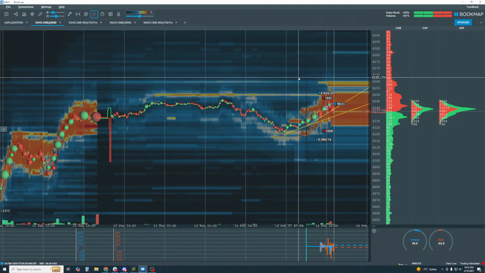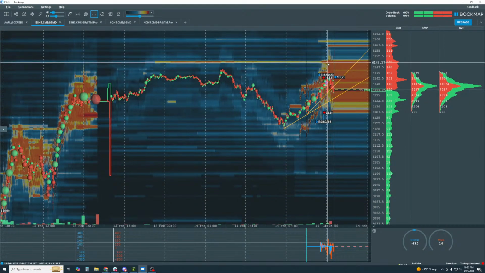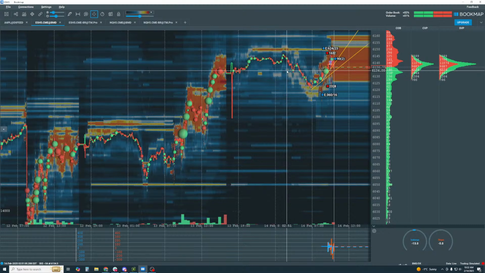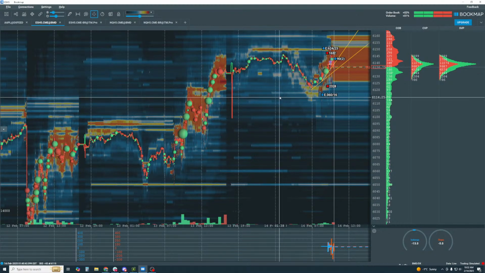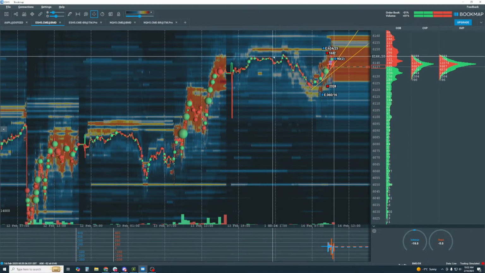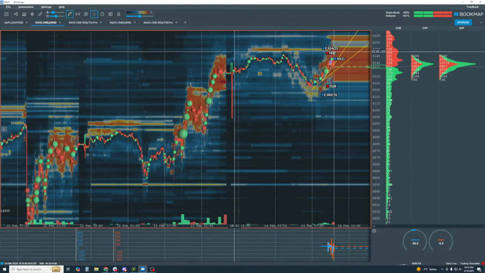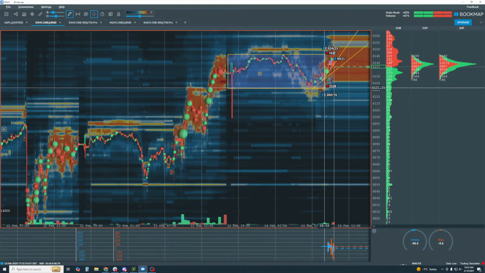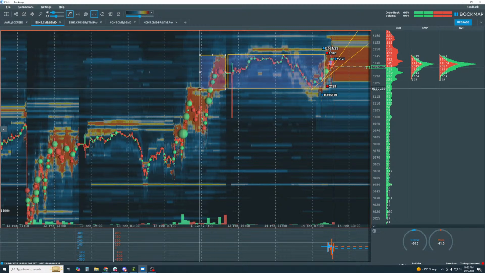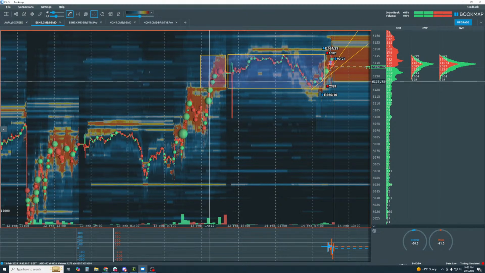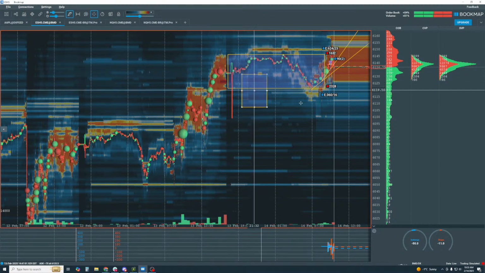So lots of different things to consider in here, and another thing to look at here is measured moves. Again, it depends on the time frame. So let's take a look at some of the measured moves in here in the swings, and I'm just going to duplicate that, and we'll put this below.